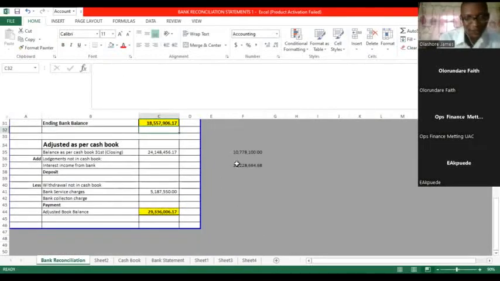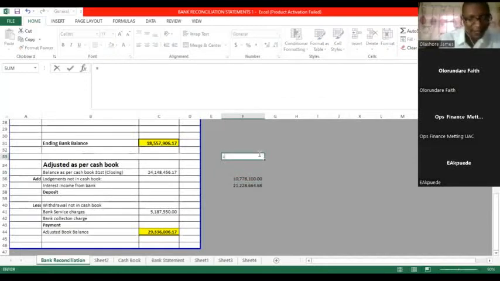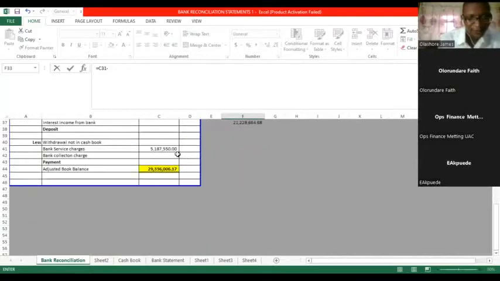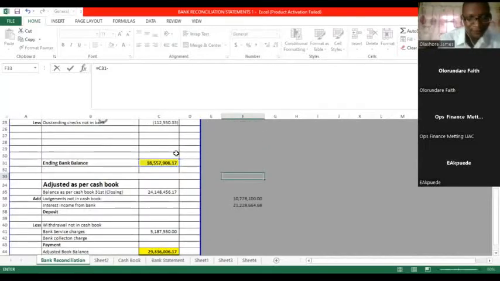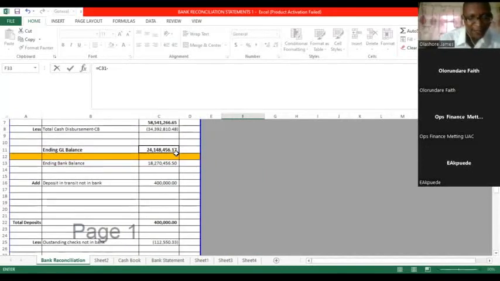So what is the difference between the two? Let's check. What is the difference between these two? So the difference between this, this is bank, and this is my ending balance in ledger.